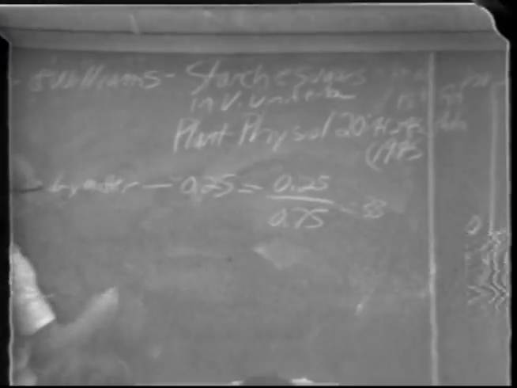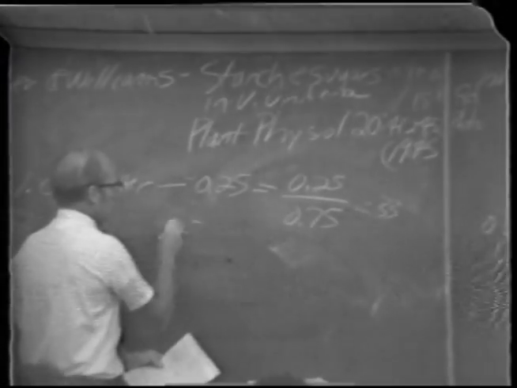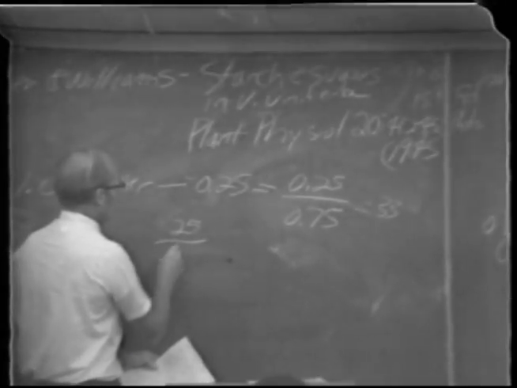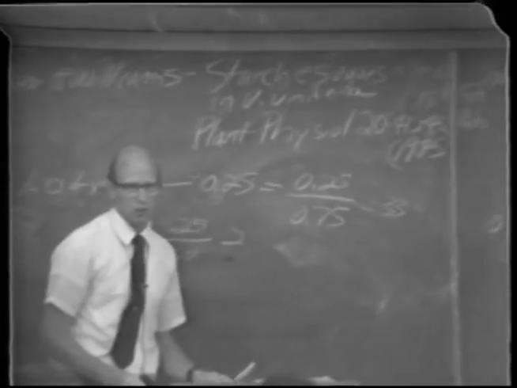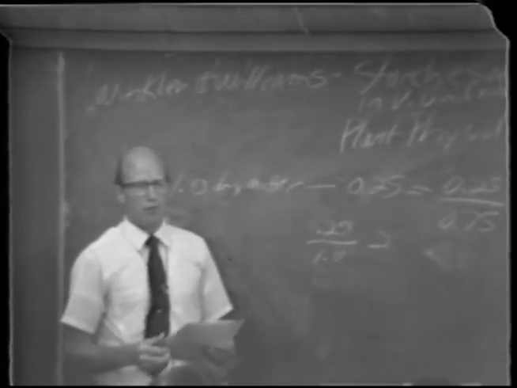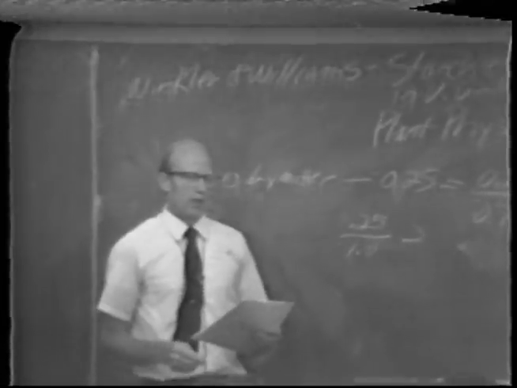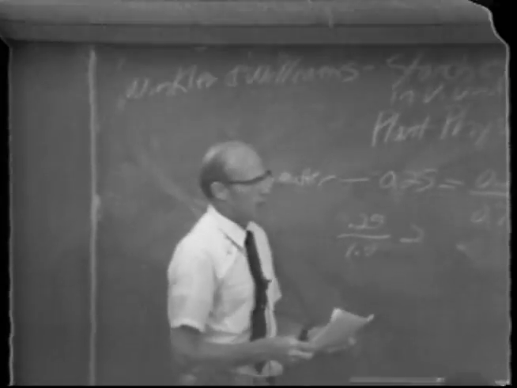Normally, in most papers, this would be 0.25 over 1, or 25% rather than 33%. So the carbohydrate values are very high in some of these tissues, partly because of the way the data were expressed.